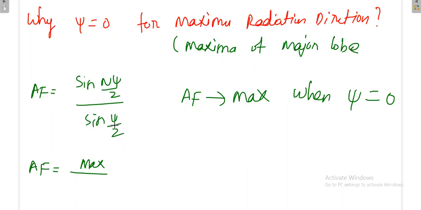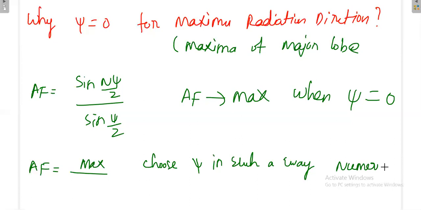When I choose psi in such a way that the numerator is maximum, but not psi equal to 0, that is called the maxima of the minor lobe. Once you choose psi like this, then definitely that will give you some angle.